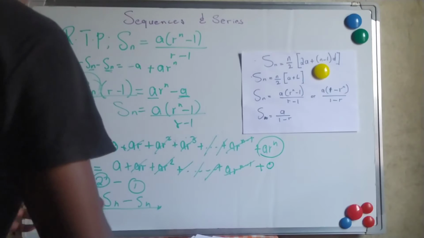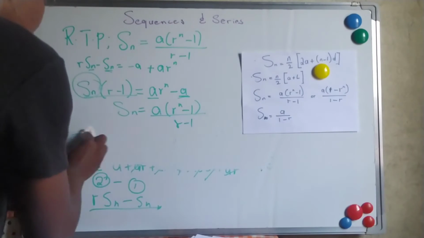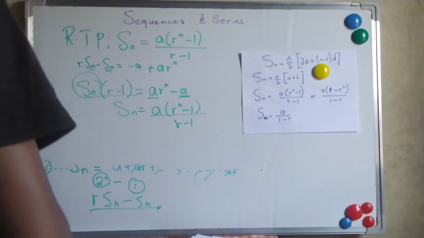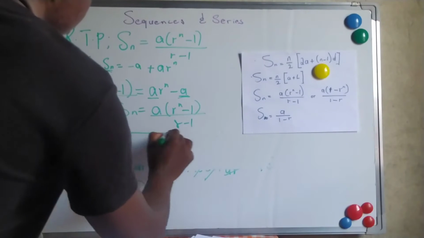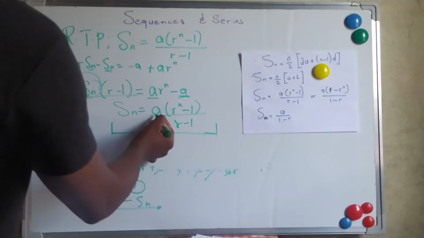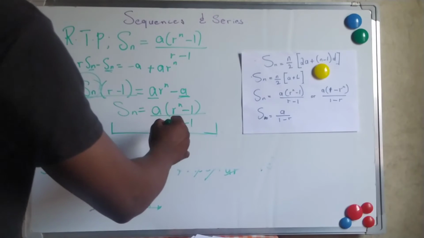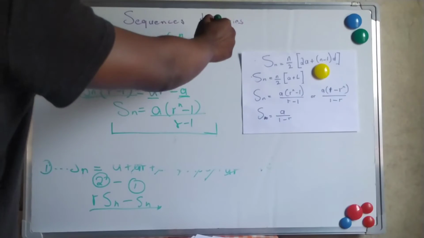And by so doing, you have just proven that the sum of a geometric series can be calculated using this formula. So Sn is equal to a into r to the exponent n minus 1 divided by r minus 1, which is the same as this.